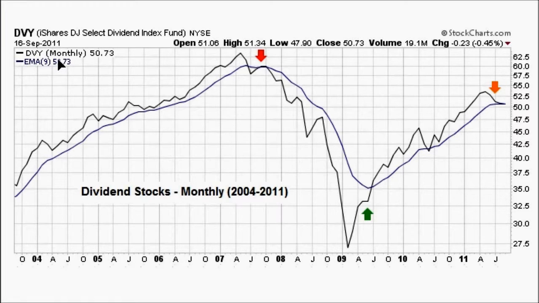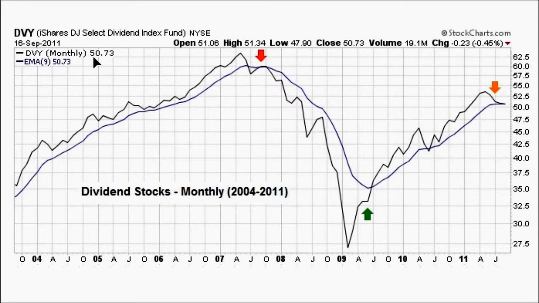This is a monthly chart of the DVY ETF, which is dividend stocks. Just to give you an idea of why it's neutral and how it's somewhat hanging by a thread, the signal is that you want this to roll over, and you'd also like to see price go below this moving average, which is the 9-month exponential moving average.